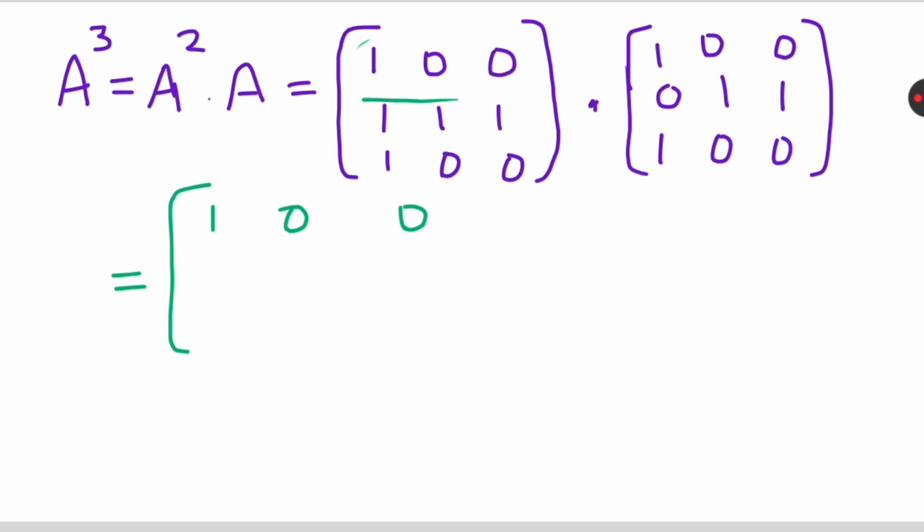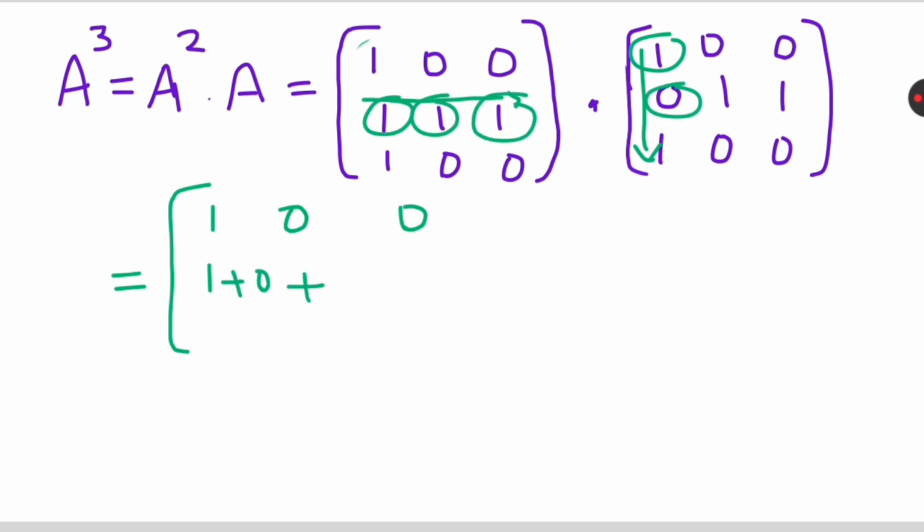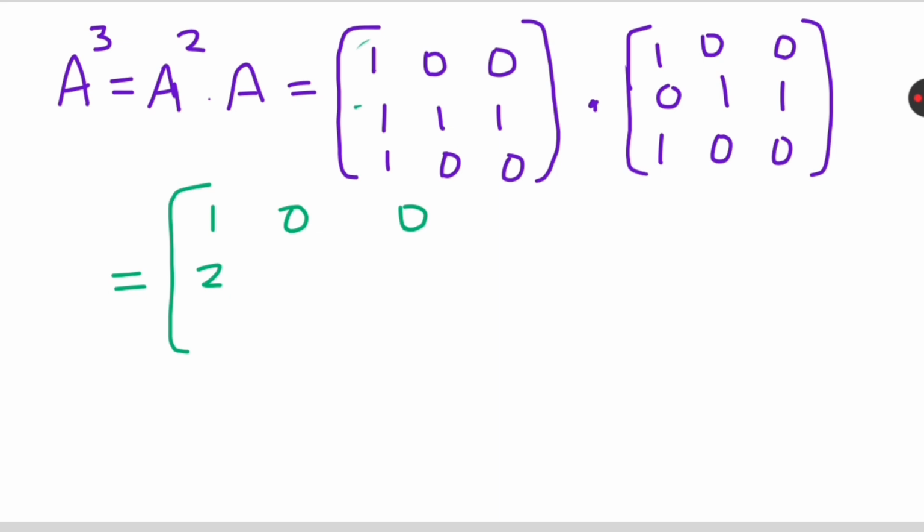What we have to do? We have to multiply second row by first column. So 1 times 1 is 1, plus 1 times 0 is 0, plus 1 times 1 is 1. So 1 plus 0 plus 1, which gives 2. Now we have to do the second row and second column.